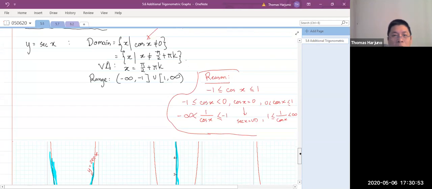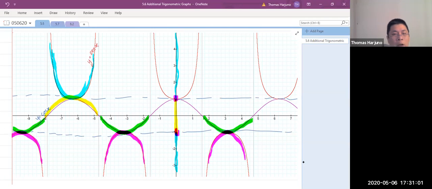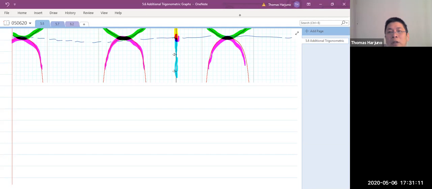We get the domain already, we also get the vertical asymptote, and we also get the range. And I explained a bit about what the graph looks like. So this is the hint.